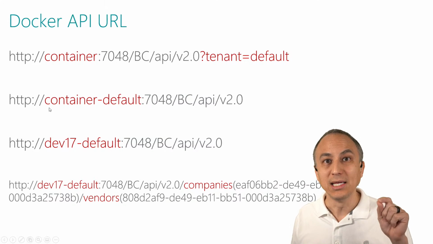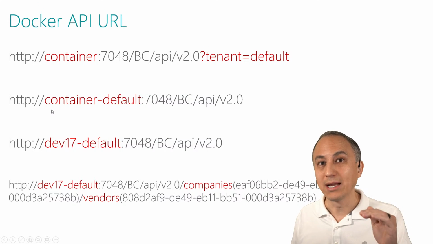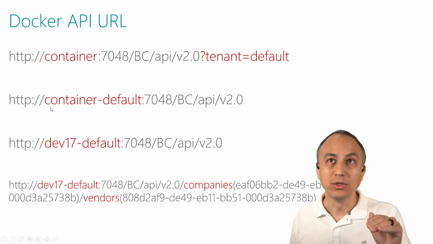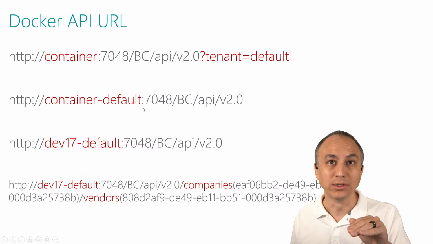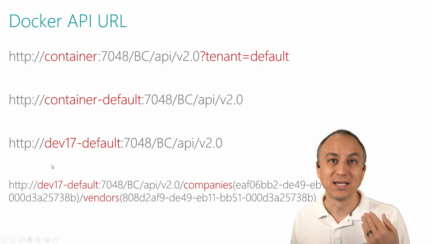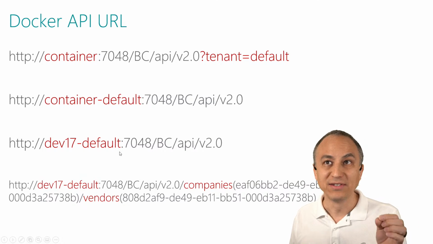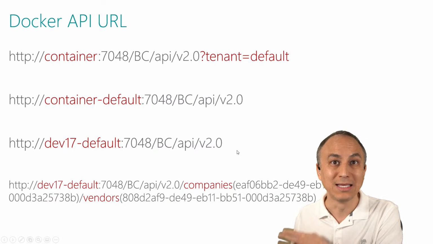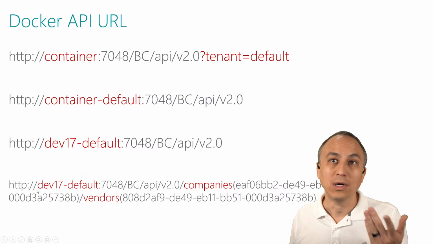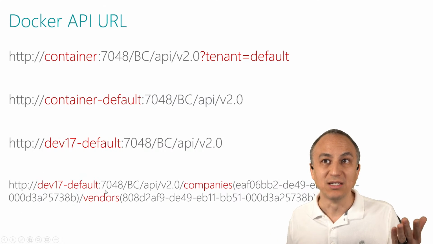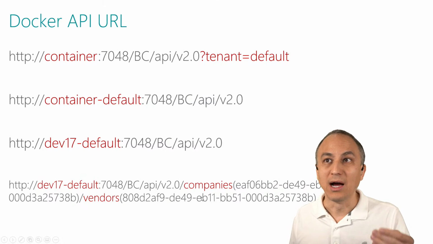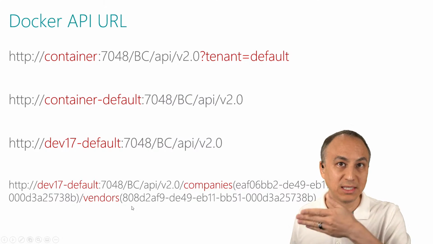Otherwise, BC Container Helper does automatically add a second entry to your Windows host file, so you can do container name-default. So in my case, dev17 is my container name. Dev17-default is the easiest way, so I don't have to deal with a parameter at the end of the URL. So for example, dev17-default port 7048, BC API v2.0 companies, vendors, etc.